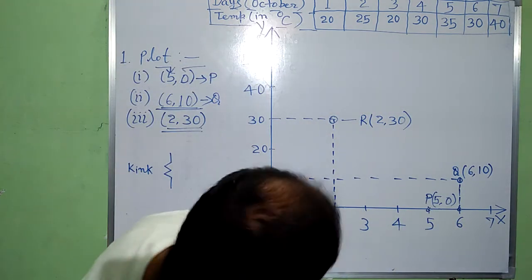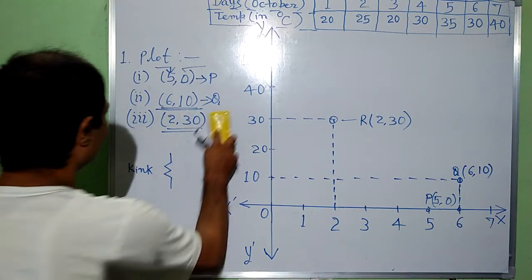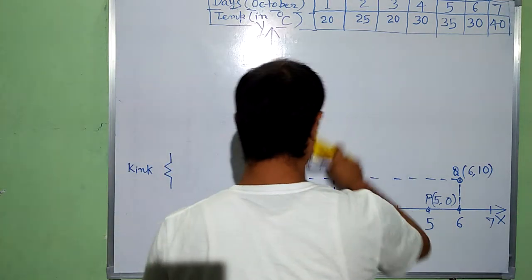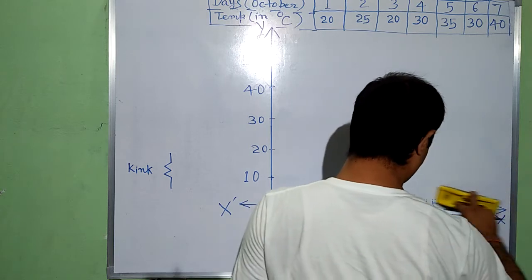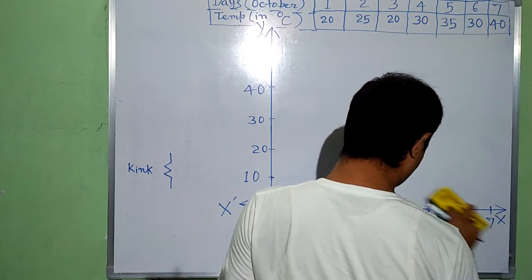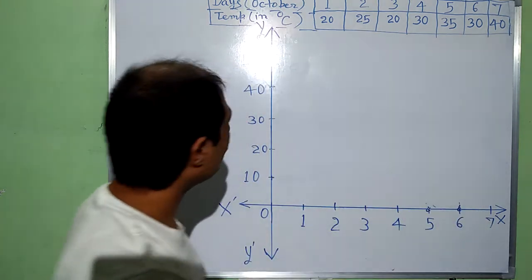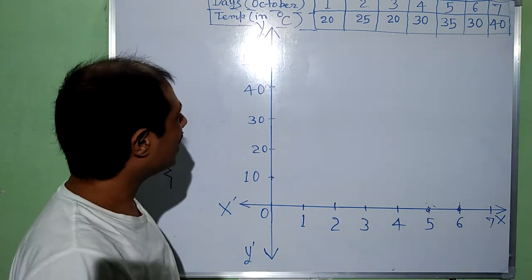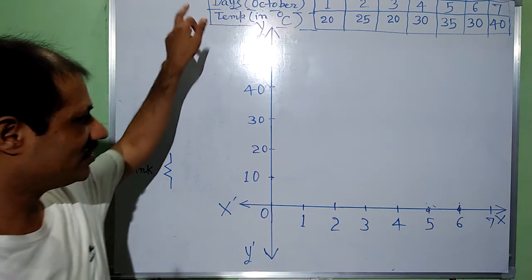In this way, these points are plotted on this graph. Now I have to plot points on this graph paper. After that, we will draw the graph of this given relation.